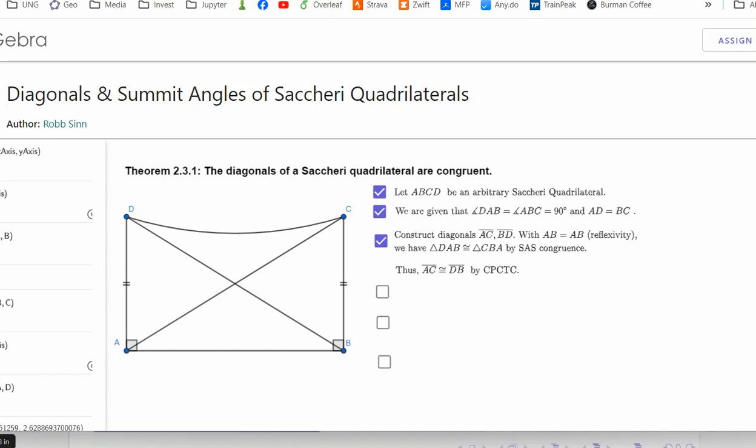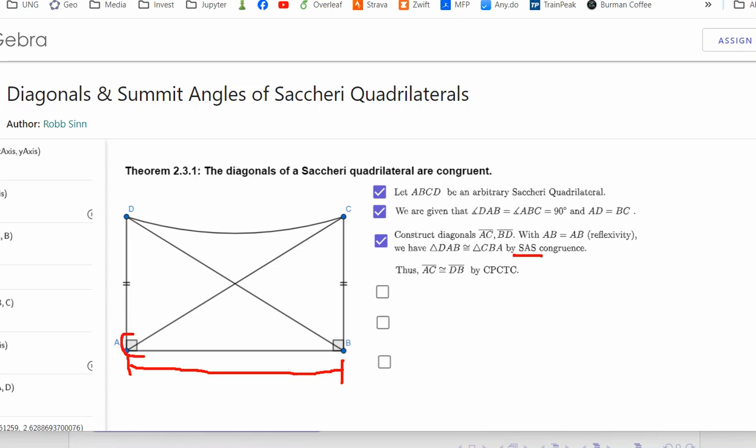Now, we're pointing out the fact that AB is congruent to itself. Why? Well, because we're going to use it as the base of both of these triangles. Okay, so we have the triangle on the left, which will have the base AB, will have the right angle, and we'll have the side AD, which is congruent to the side BC. So you can see, if we use AB, the reflexive property of congruence, then we're going to be able to use side, excuse me, I should have said side angle side congruence, right?